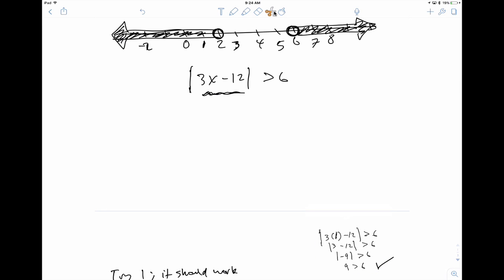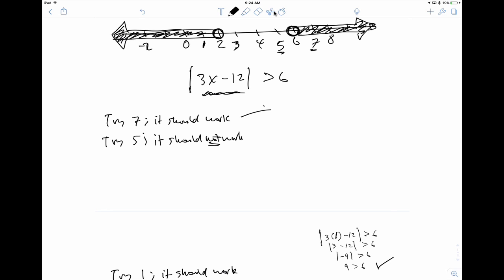You don't have to do this on a question if you don't want to, but if you have time, you can, and you may be asked to, in fact. Here we go. We're going to try 7, which should work, and 5, which should not work.